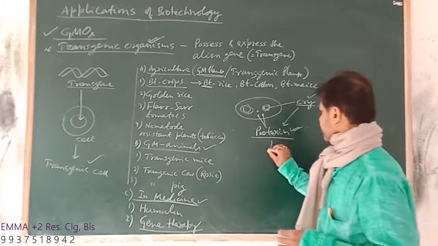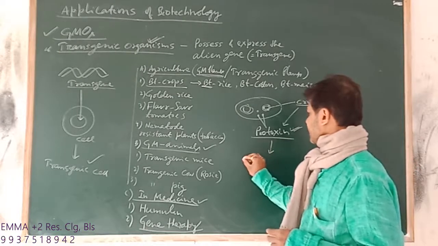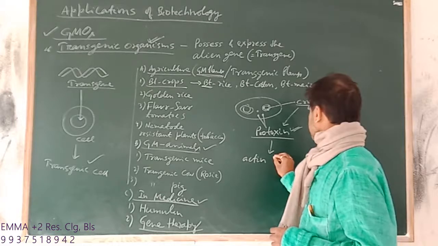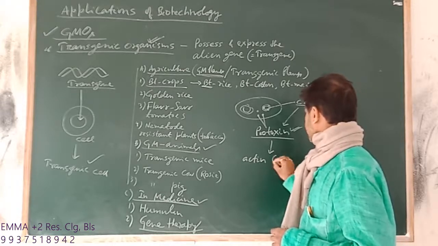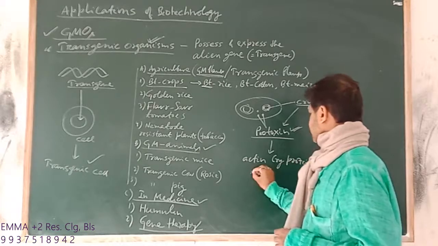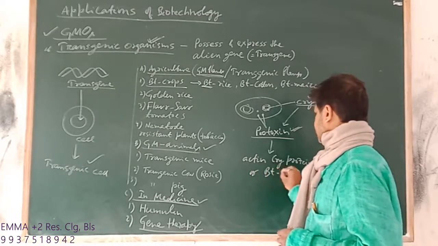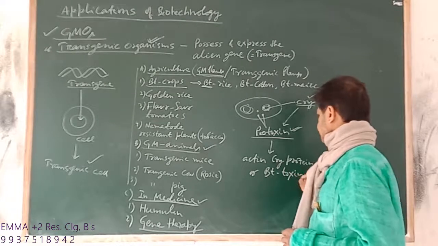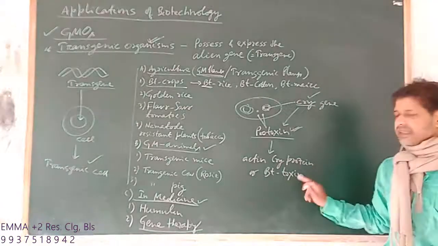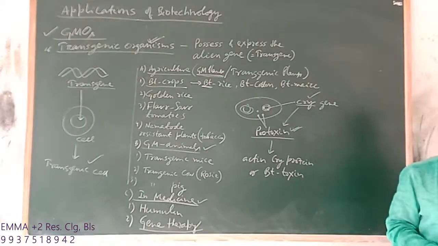So this protoxin now becomes active Cry protein, or we can say active Bt toxin. So cry gene is also called Bt toxin gene.